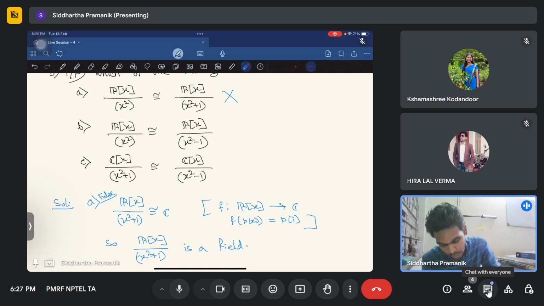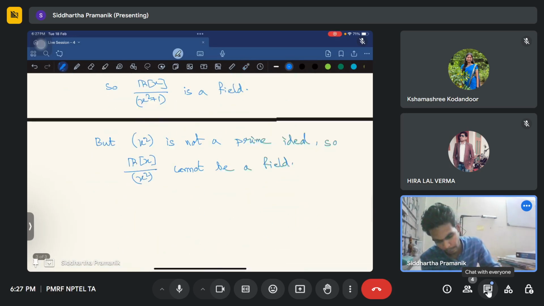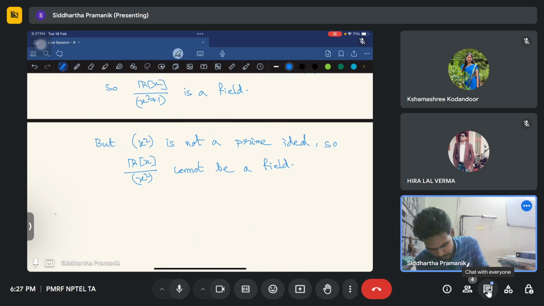I will use it to prove that this ring is isomorphic to a known ring, or something which is easier to handle. So here is your ring, R[x] mod x square minus 1.